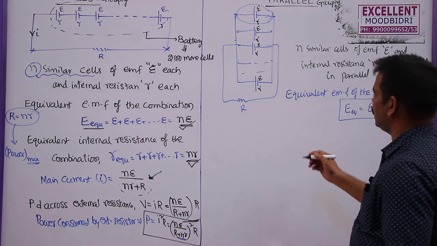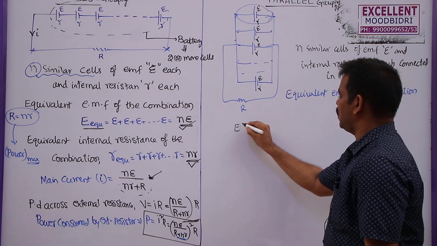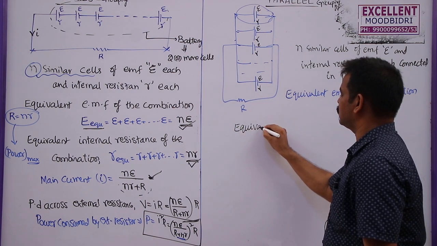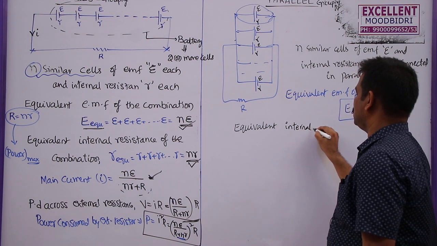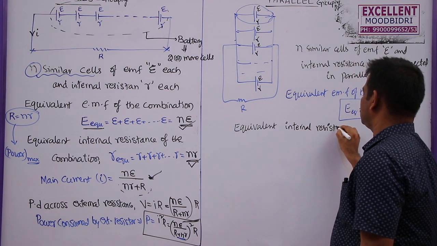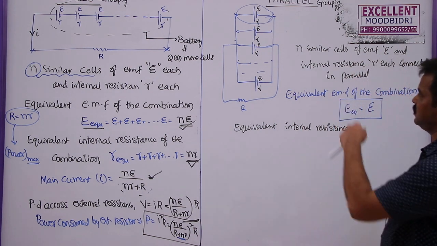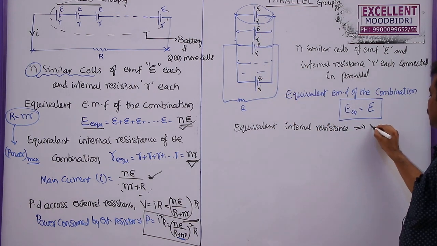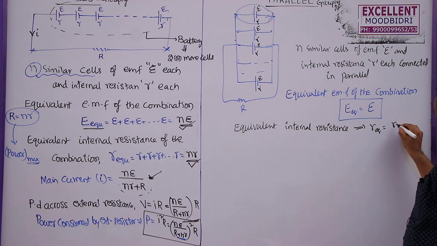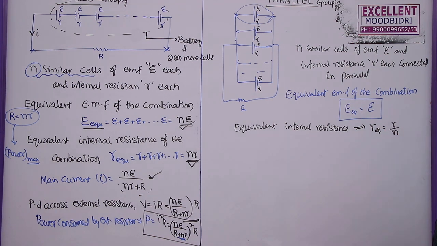Now what is the equivalent internal resistance? As these are connected in parallel, r equivalent is given by r by n. Whenever similar resistors are connected in parallel, the total effective resistance becomes a single resistance divided by the number of branches in that parallel combination.